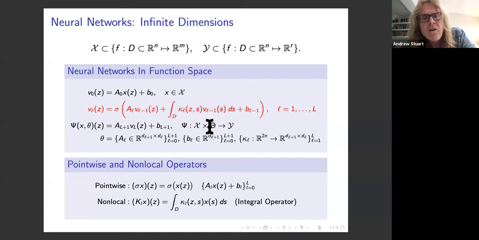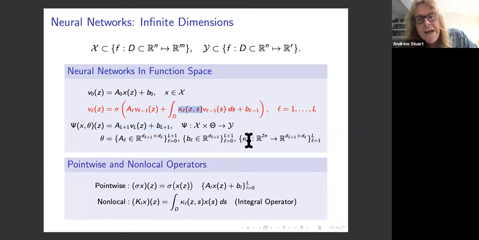So this is an integral kernel which acts on v_{l-1}, and with the addition of this linear transformation and application of the ReLU gives us a function v_l. So this maps v_{l-1} to v_l, we iterate it, and then we end with another pointwise linear transformation. The parameters of this neural network are again the matrices A, the vectors b, and now additionally this kernel kappa_l.